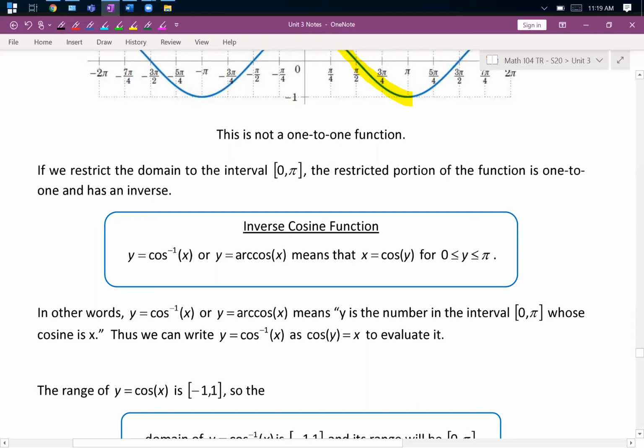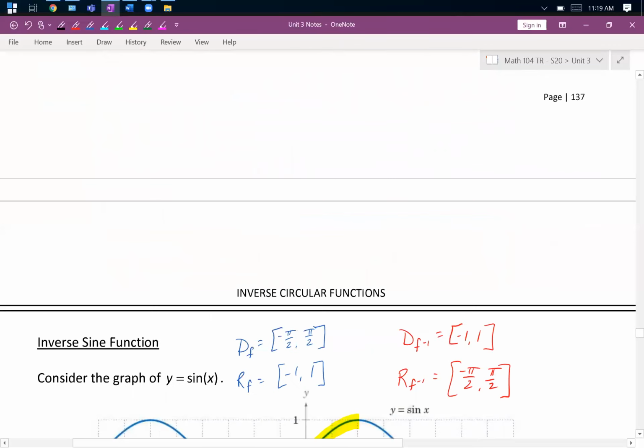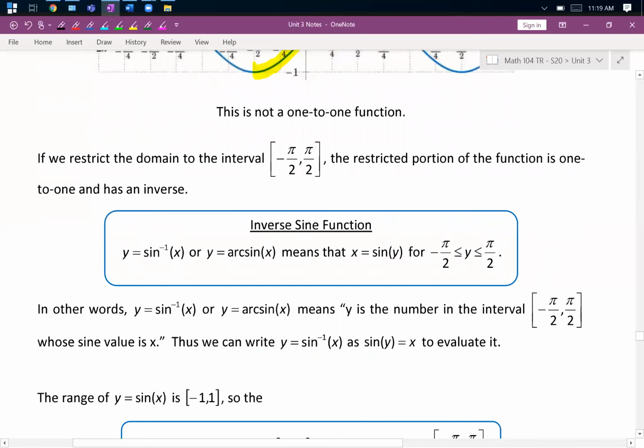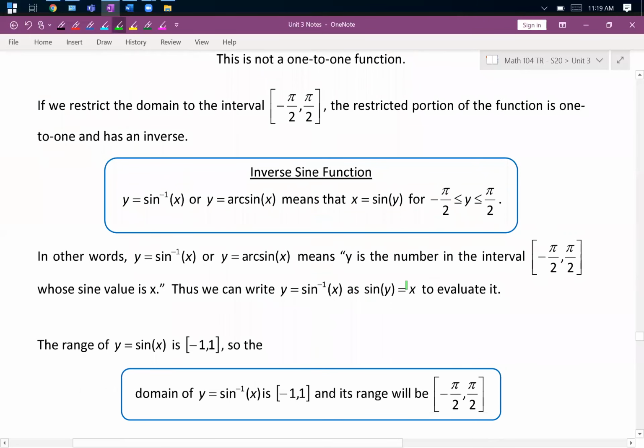So we can write that y equals cosine inverse of x is the same as cosine of y equals x. And we will be using this kind of flip-flop notation as we solve equations and things like that. We had the same thing up here with sine. I just didn't highlight it. So y equals sine inverse of x is the same as sine of y equals x.